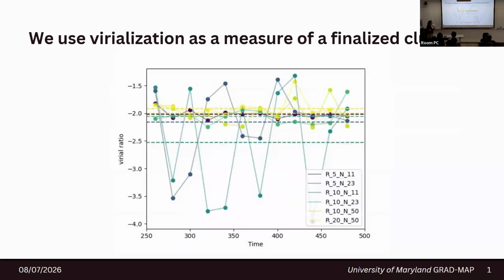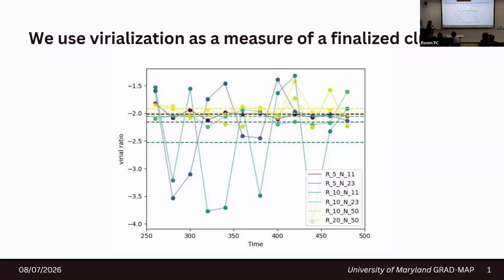So from our 6 cases, we plotted their virial ratio over the entire time of the simulation. As you can see, there are a lot of fluctuations as the clusters are merging. But we also plot the horizontal dashed lines, which are their average virial ratio over time. And we see that several cases do approach this -2 value.